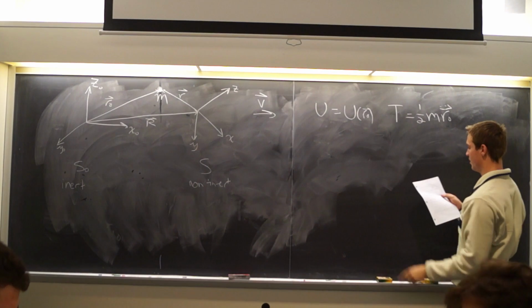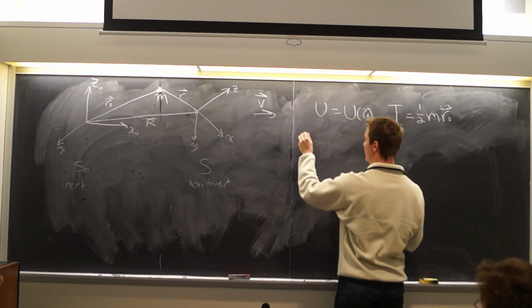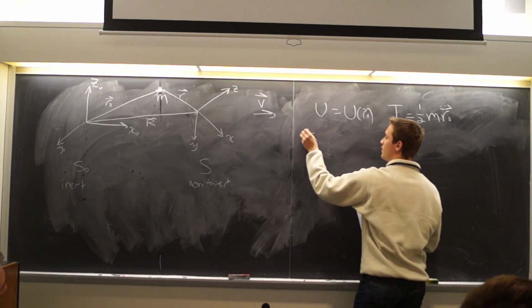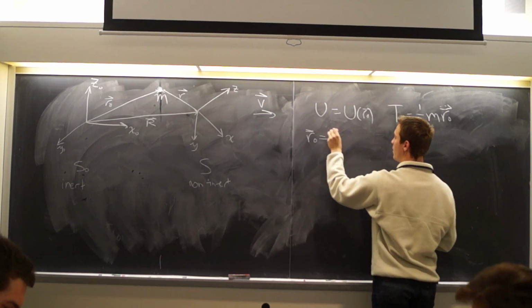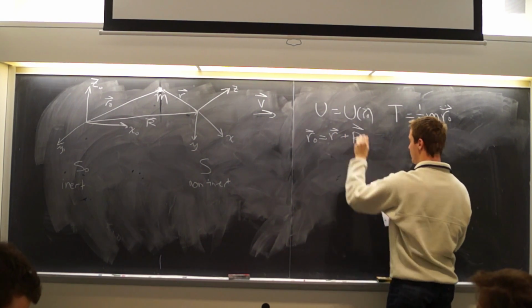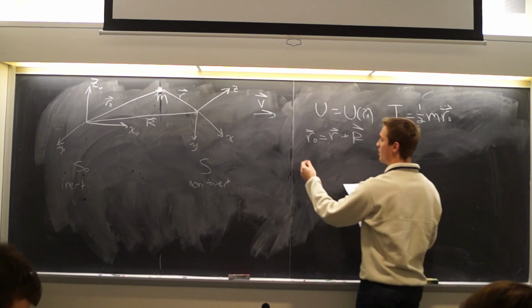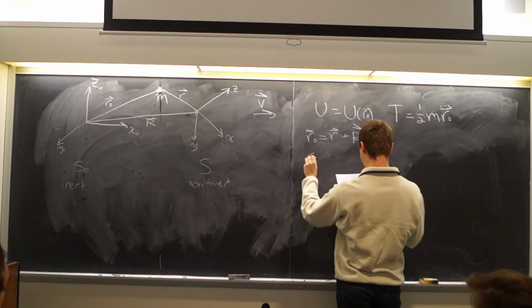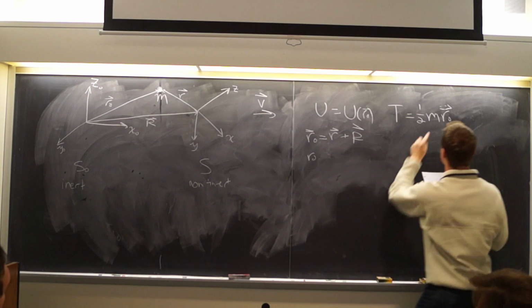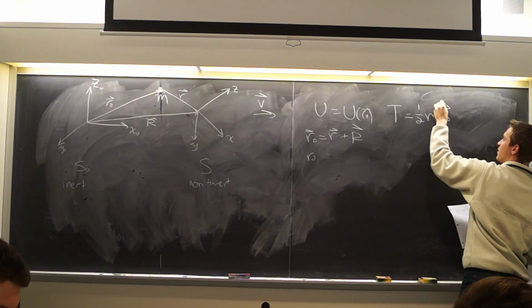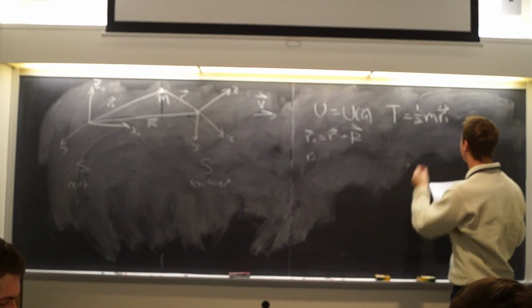To get that, recall that R naught is equal to R plus big R. Sorry, that's not double dot, it's one dot, because it's velocity, and yes, it is squared.